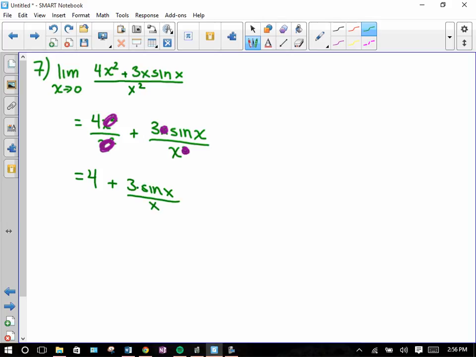The limit as x approaches 0 of 4 is just 4, so that's 4 plus... If you need me to, I can show you why, but remember, we can break up the 3: all we're doing is multiplying sine x divided by x by 3. So what's the limit as x approaches 0 of sine x divided by x? 1. 1 times 3 is 3, so the total is 7.